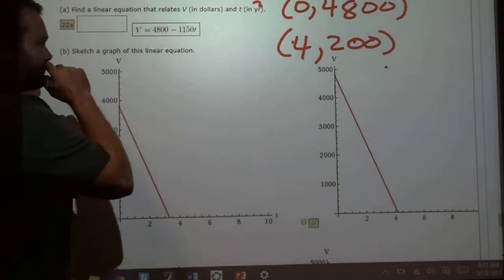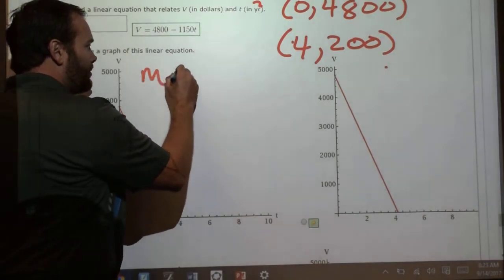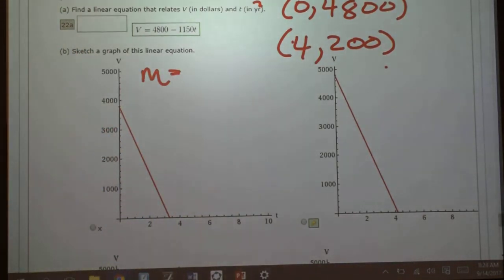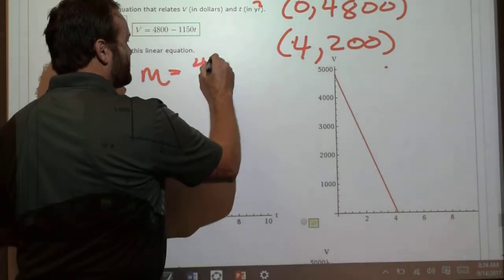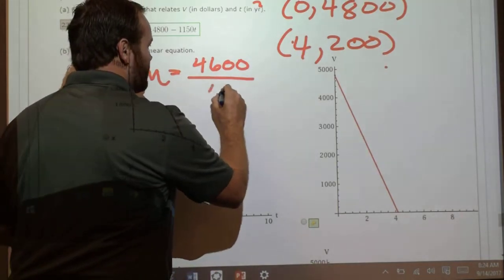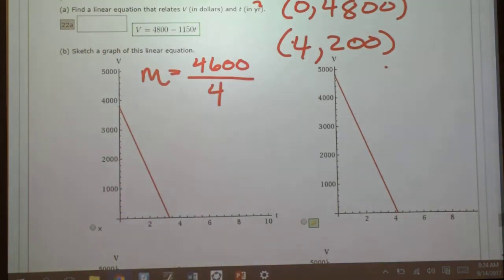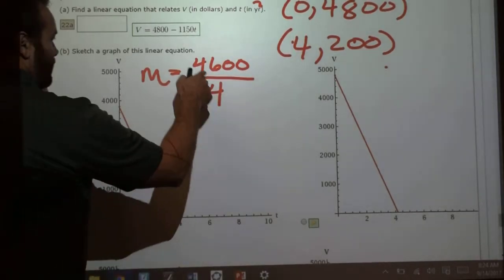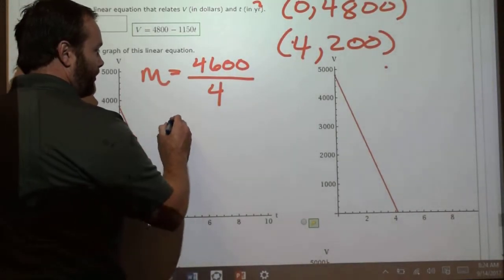If I go and find my slope, I'm going to subtract the Y values, so Y2 minus Y1, so I get 200 minus 4,800, which is 4,600, and then we'll divide that by 4 minus 0, so 4. What's 4,600 divided by 4? Can anybody do that for me real quick? How many times does 4 go into 4?